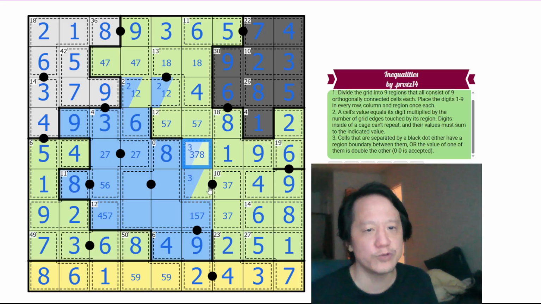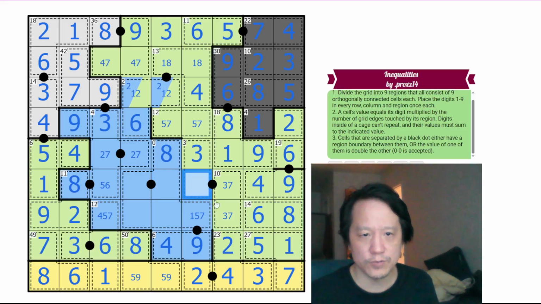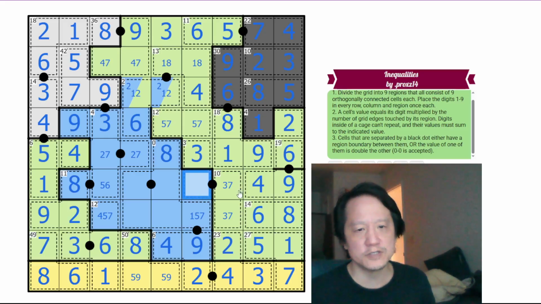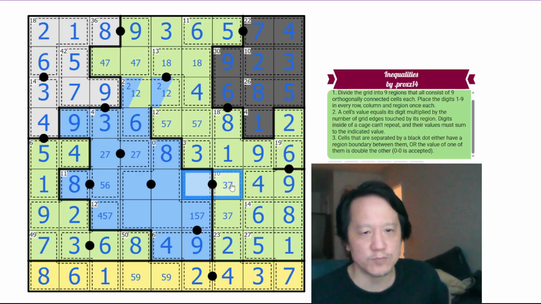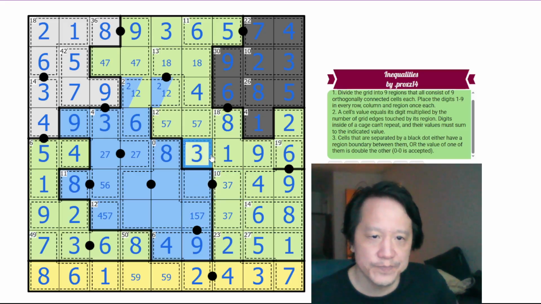It's 8. This can't be 3 or 8, sorry, 7 or 8, it's 3, which means this must be the digit that's part of a region. So no 3 there. This is boundary here. Boundary there. So since this is boundary, we don't care if it's a 1 to 2 ratio.